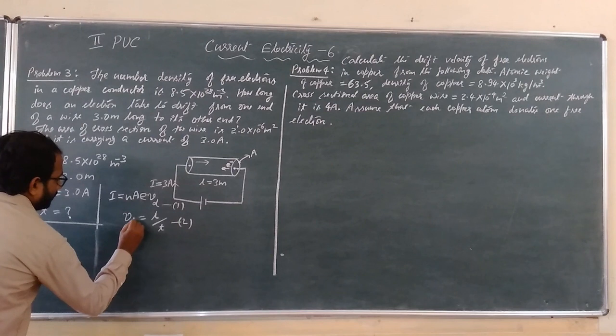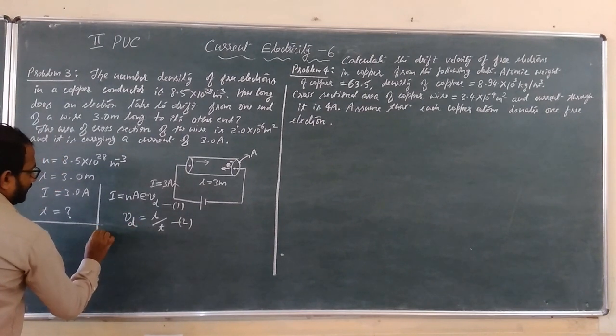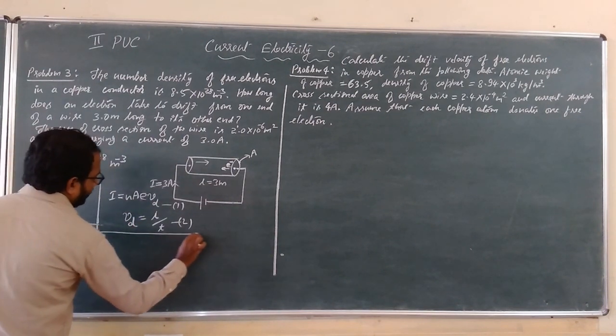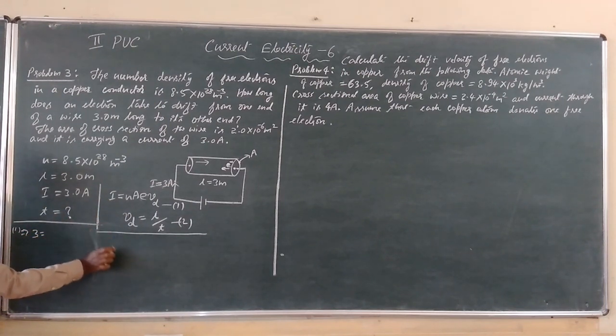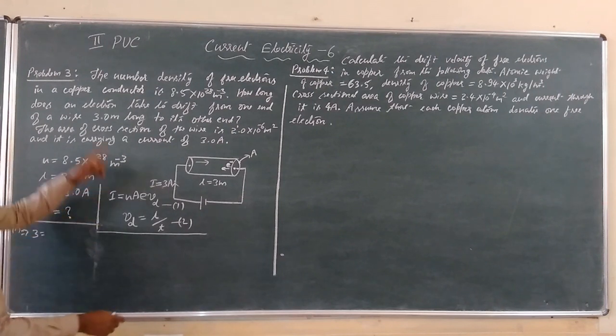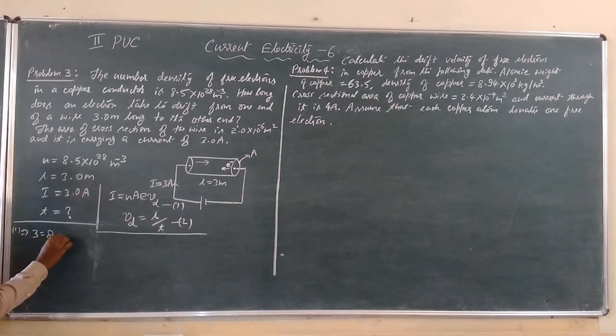So Vd is equal to displacement by time, it is L by t. Therefore, using equation 1, I is 3 ampere, n is given, 8.5 into 10 to the power of 28.